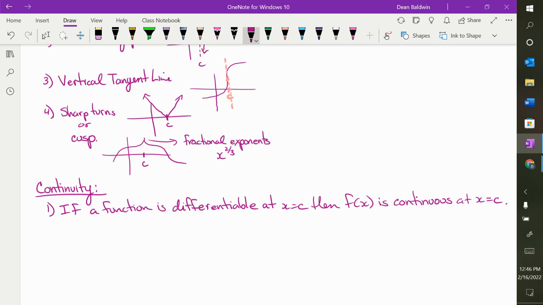But the reverse is not true. So if you can take the derivative of a function at a certain point, it has to be a continuous function at that point. It can't have a gap, right?